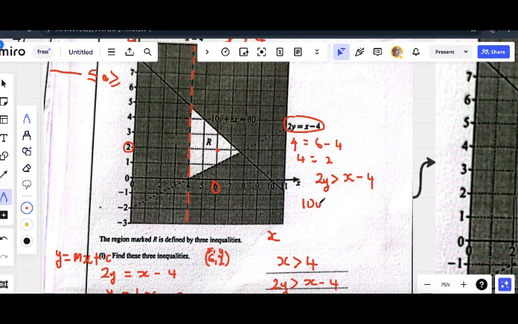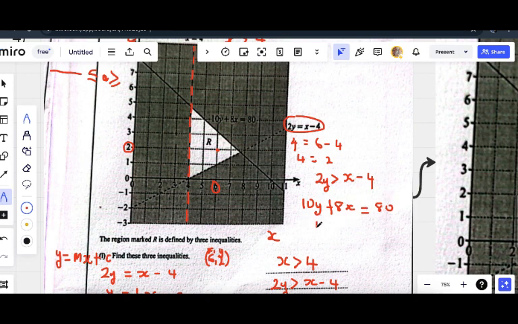We say 10y plus 8x is equal to 80. Okay, you see x and y, they're on the same side. So what I can do, I'll move 8x to the other side so that they won't be on the same side.